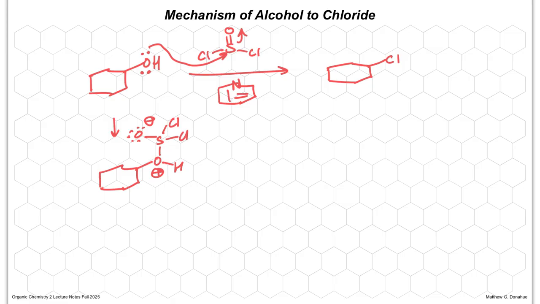And from here, we have to get a chlorine off the sulfur and then have it attack. It needs to get rid of the oxygen bonded to carbon. So if we collapse this back down, that forms the pi bond.